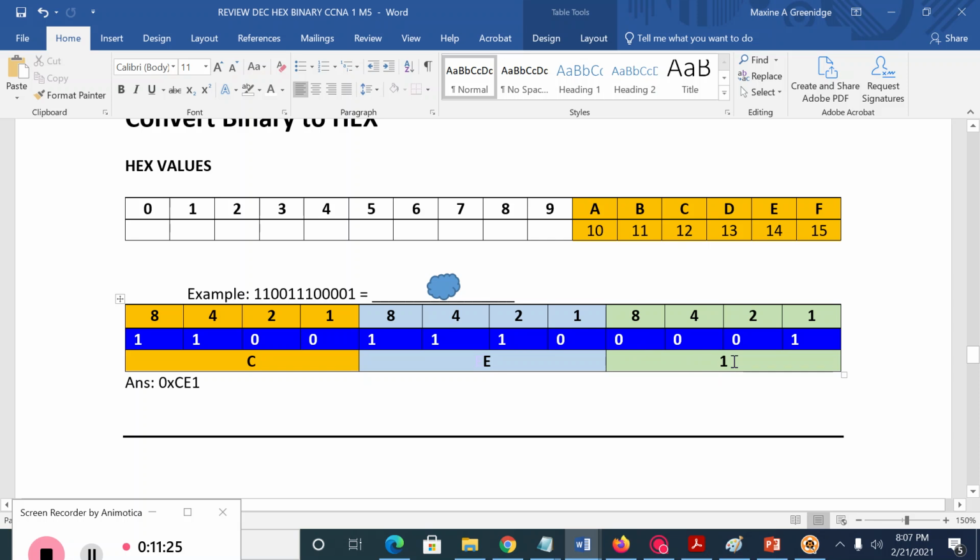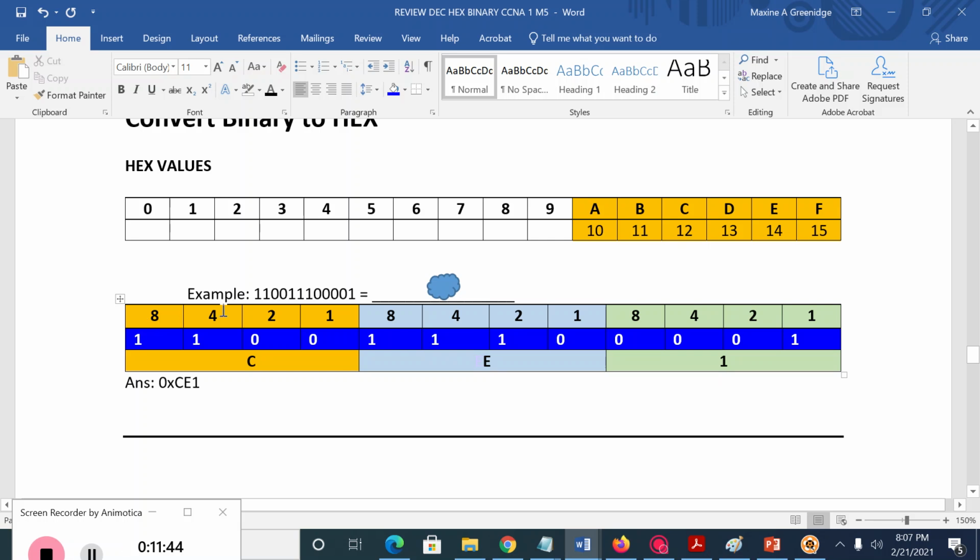So this group of 4, if we turn it into its hexadecimal value, we're looking at the 8421 to see what's turned on. We only have a 1, so in this position it's a 1. In these bits, we have the 8 plus 4 plus 2, that's 14. That would be an E in hexadecimal.